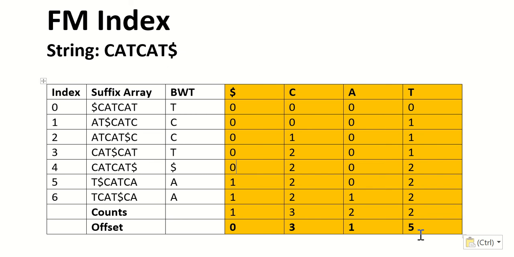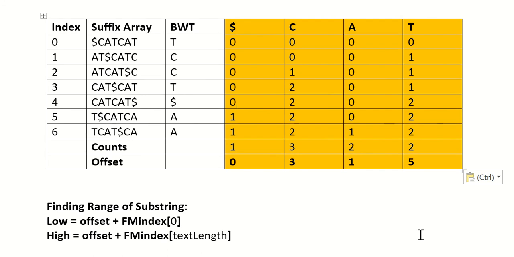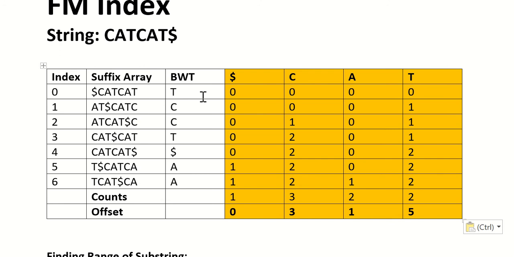So what does this helper function, like helper data frame or data structure, do? Why is the FM index useful? Well, we can use it to find the range of a certain substring. So what does that mean? If you have your string right here and you're trying to find the occurrence of AT, well, you can use your suffix array to find AT occurring and see that it occurs twice because there's two suffixes where the prefix is AT.